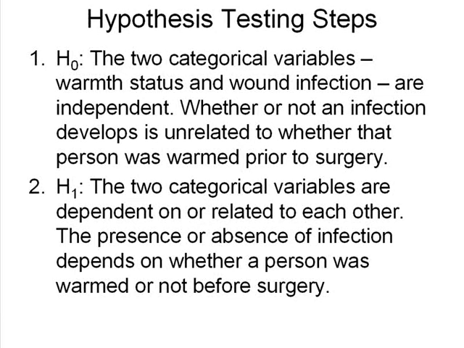Now, these are pretty wordy. Remember when we did H0s before, we just had mu of A equals mu of B, or rho equals 0. Pretty simple. These are pretty wordy, but that's one of the disadvantages of the chi-square. Other than that, it's pretty easy.